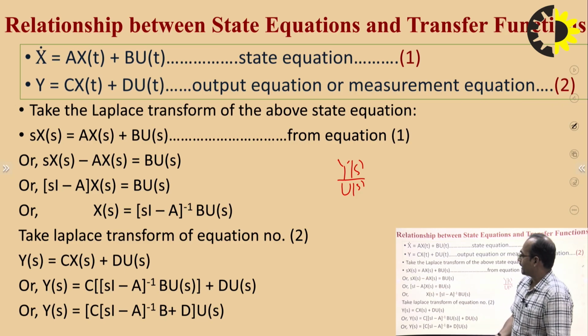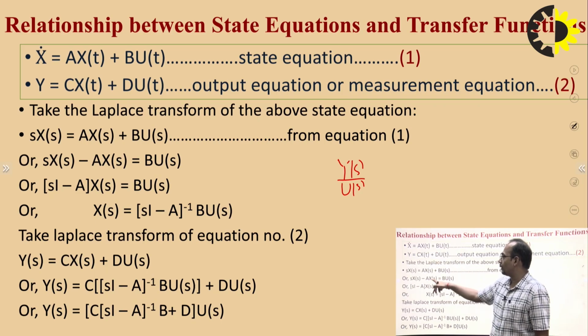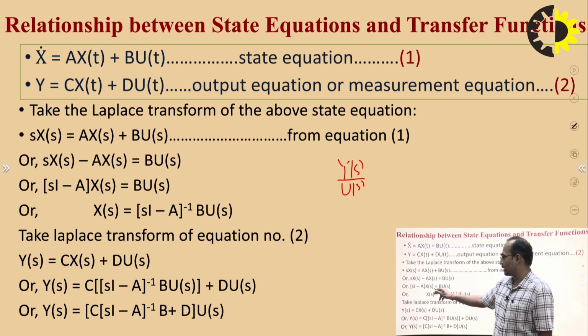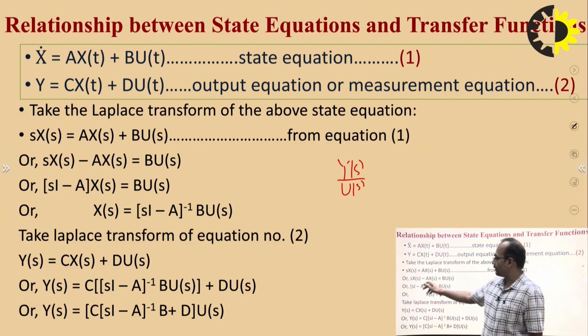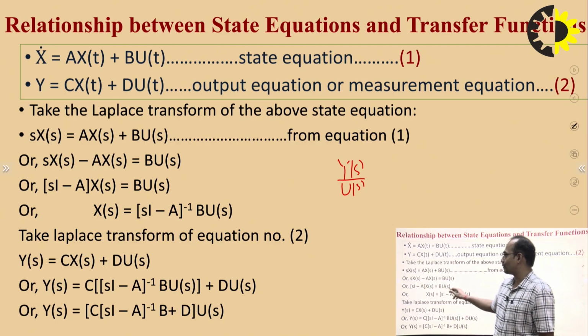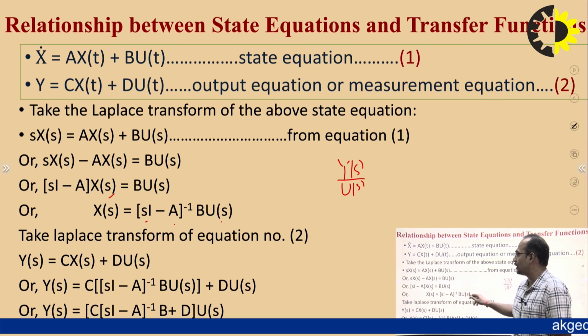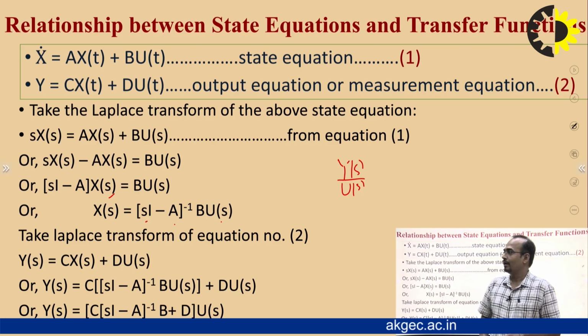I will get sX(s) is equal to AX(s) plus BU(s). I will find the value of X(s) in terms of U(s). So you will get (sI minus A)X(s) is equal to BU(s), and X(s) is nothing but (sI minus A) inverse B into U(s).